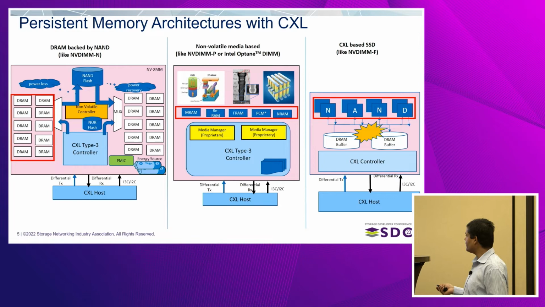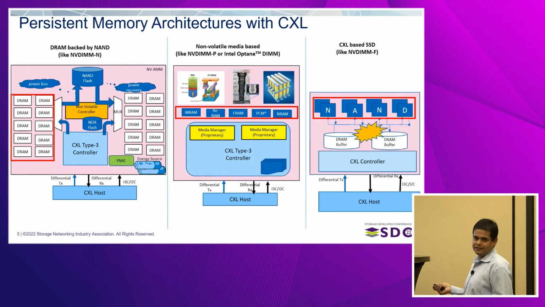So your data is actually buffered in the DRAM, but slowly is percolated back into the NAND flash or any other persistent media. So capacity is determined by this media, the NAND flash. So you will get a very high capacity when you go for a CXL-based SSD.